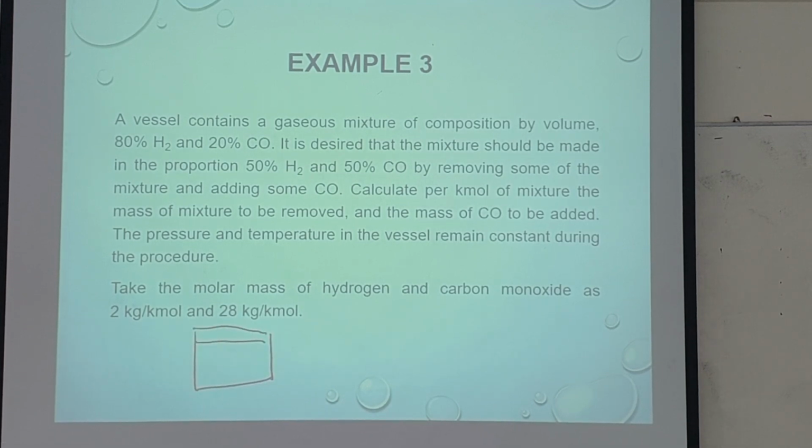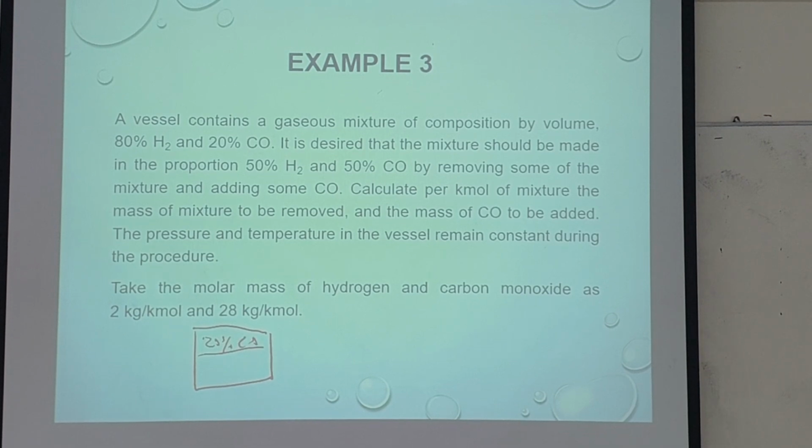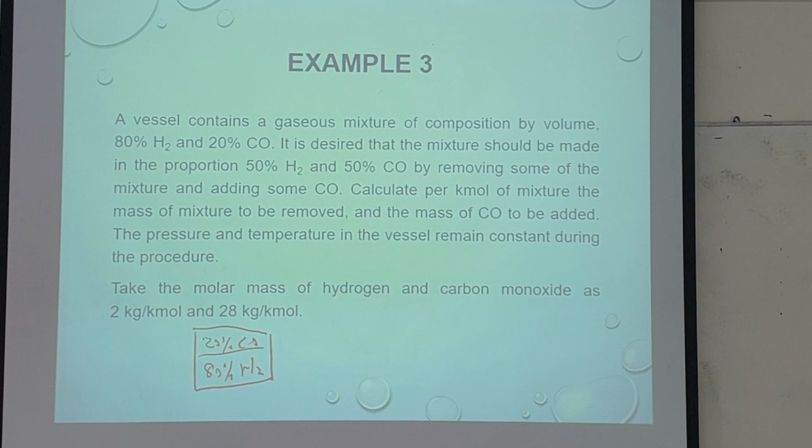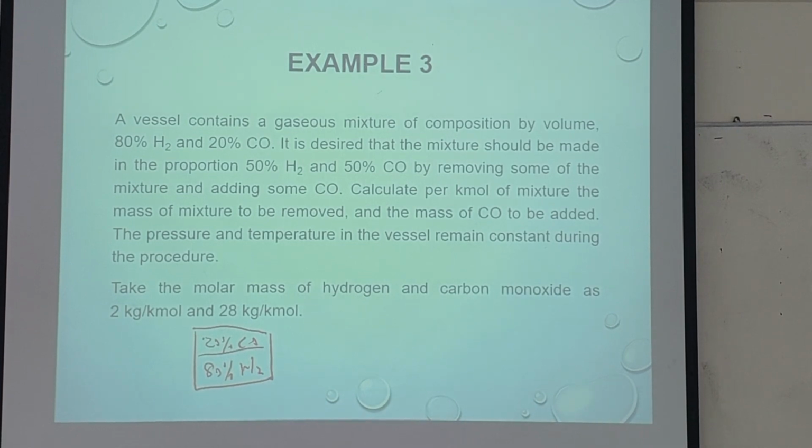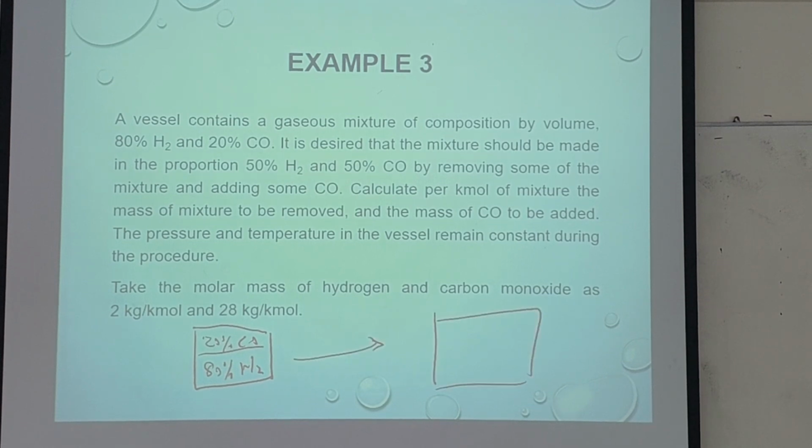Let's say initially you have 20% CO, 80% H2. It is desired that the mixture should be made in the proportion of 50% H2 and 50% CO by removing some of the mixture and adding some CO. So you want to add CO such that at the end of the day you get 50, 50.